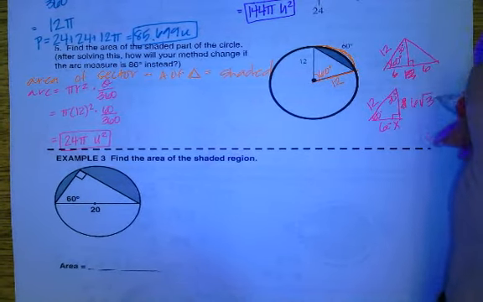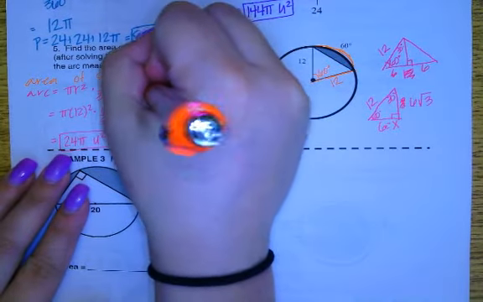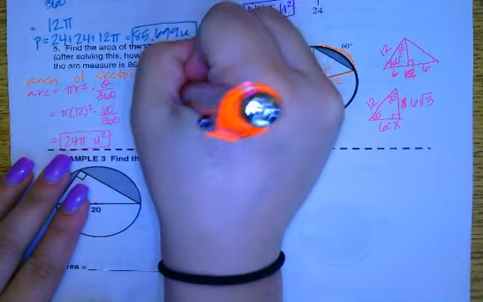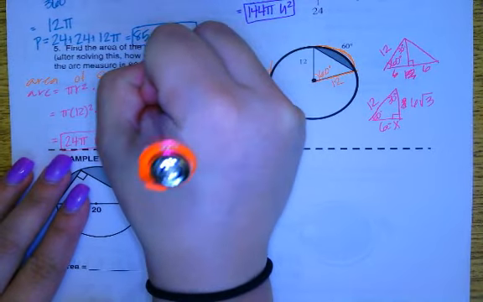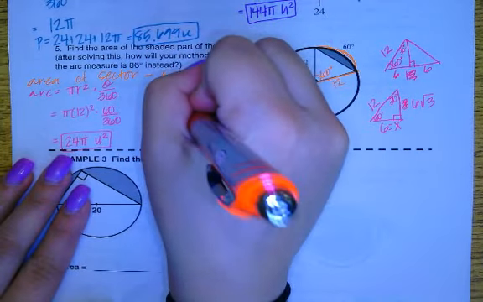Okay, so when I'm plugging it into my equation, you have 1/2 b times h. What is my base? 6, and your height? Very good.